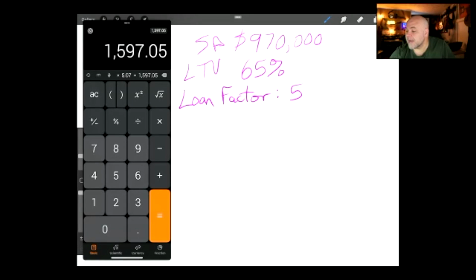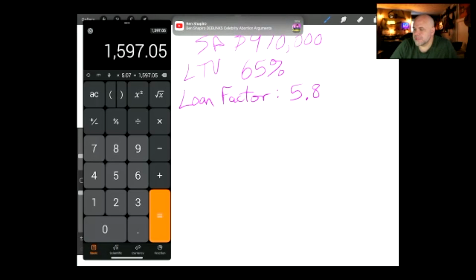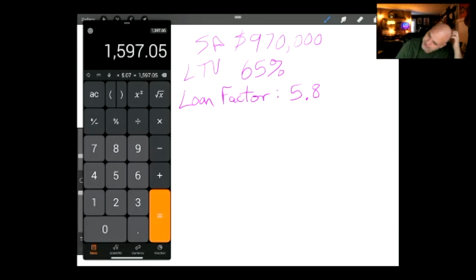Let's call it 5.3. We're doing another example here. So a sale price of $970,000, a loan to value ratio of 65%, and a loan factor of 5.3. How much is the monthly payment of principal and interest?